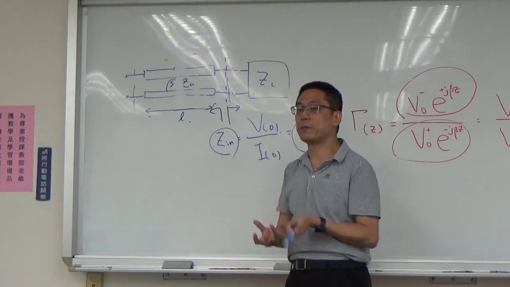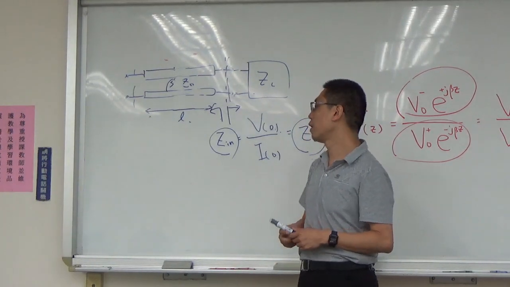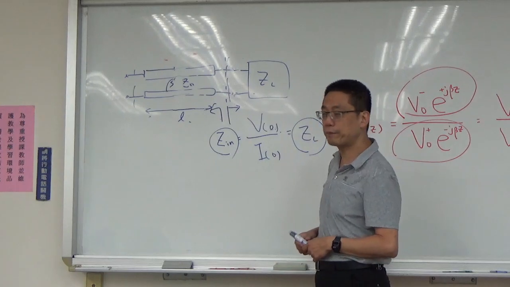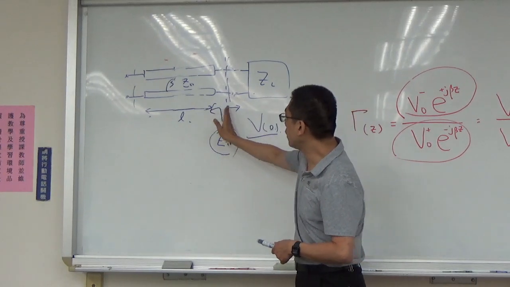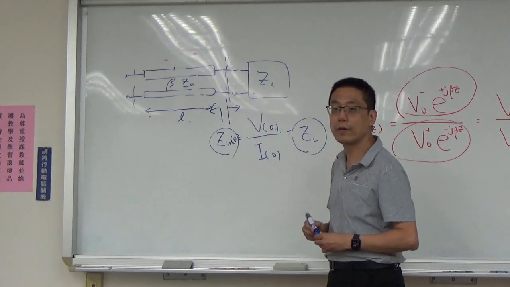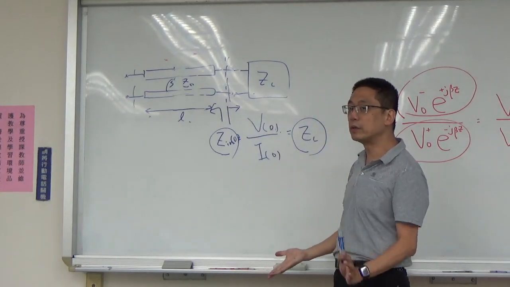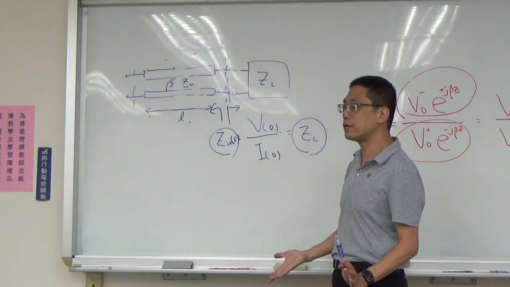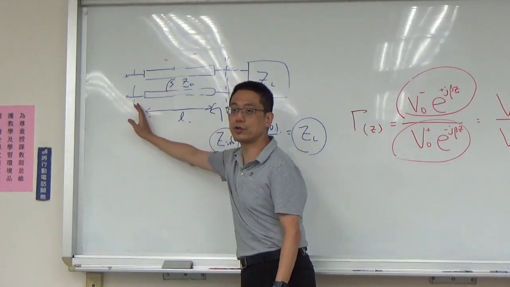Our next objective is to derive the input impedance, because Z input impedance here is at z equals 0. We are trying to know what's the difference if I have the transmission line.